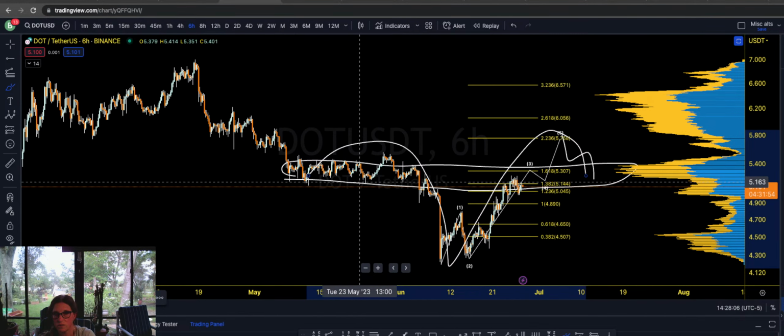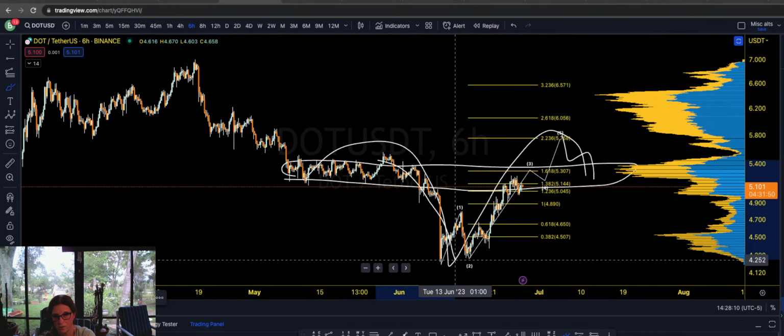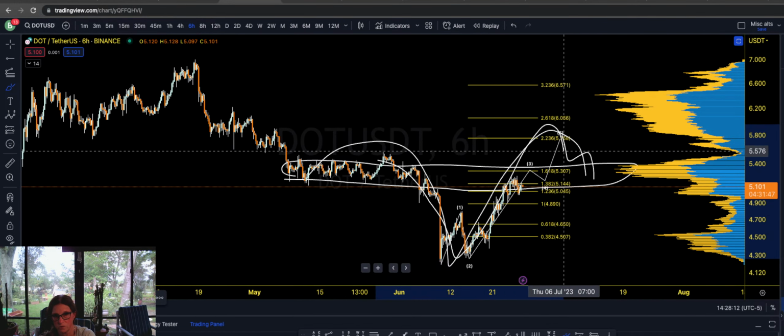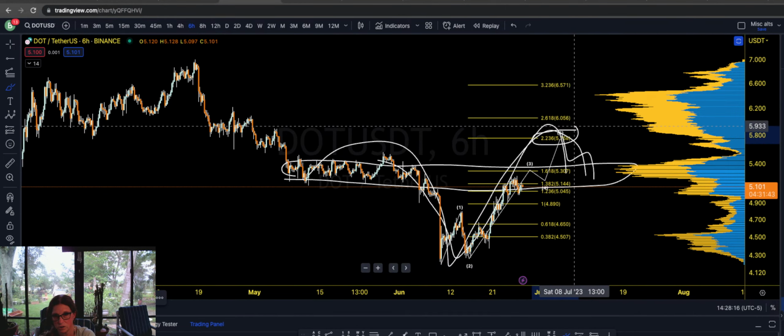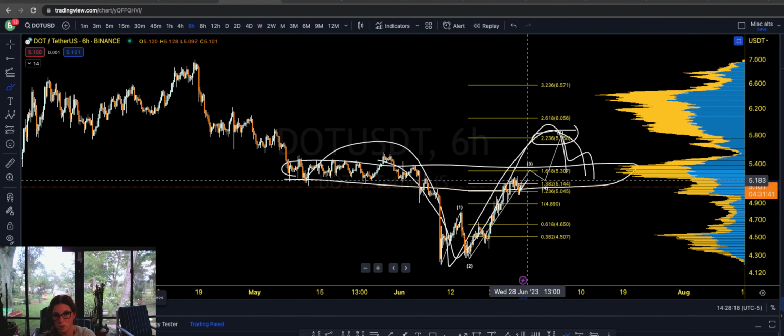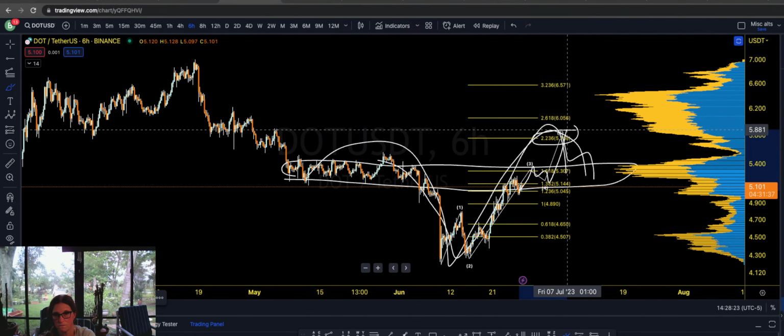Look, that's the V-shaped recovery look. Okay, where it dumps, then it comes back up and flips it to support. But it's got to get up here to this extension to do it. So it needs to finish the third, pull back on the fourth, give us a fifth, and then flip this to support, if it's going to be the start.